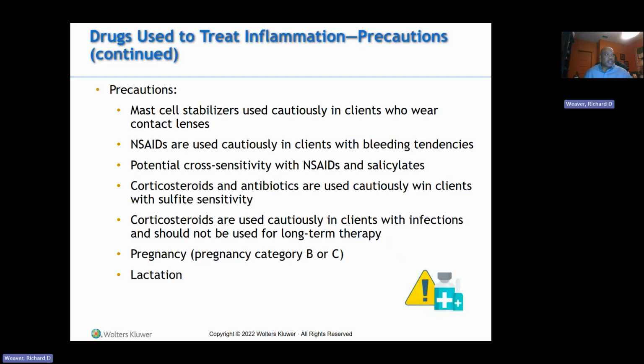If they already have an infection in the eye and the immune system is suppressed, it can make the infection worse. So we have to be careful. Prolonged use of corticosteroids may also result in elevated intraocular pressure and optic nerve damage as well. So you have to be careful with that.